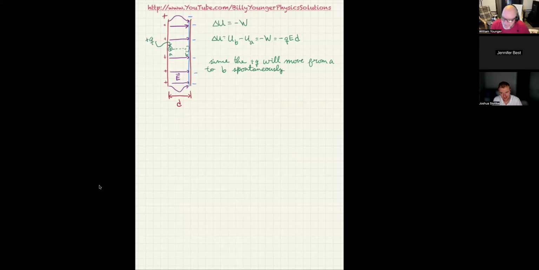So it's going to move spontaneously from A to B. We know, since the positive Q will move from A to B spontaneously, that delta U is less than zero, because it became more comfortable.